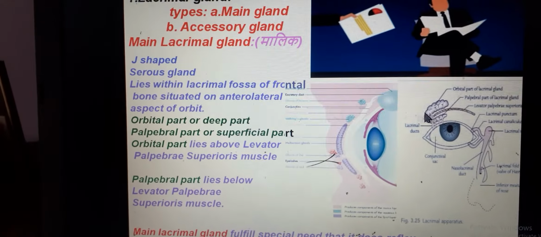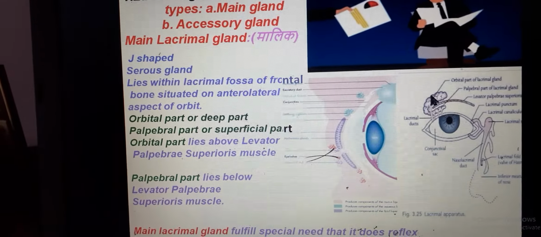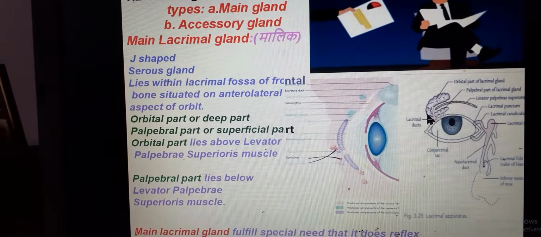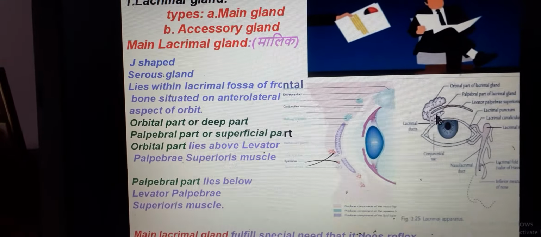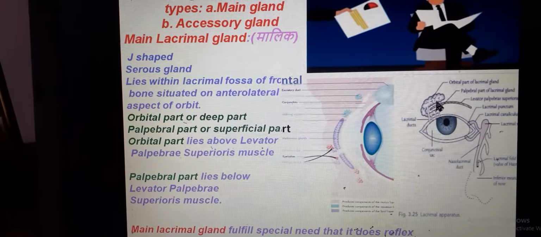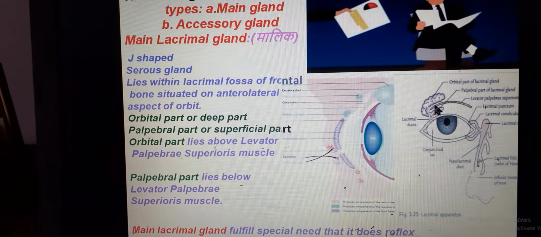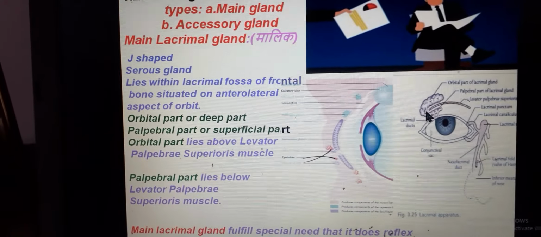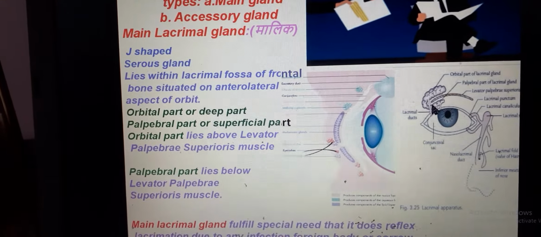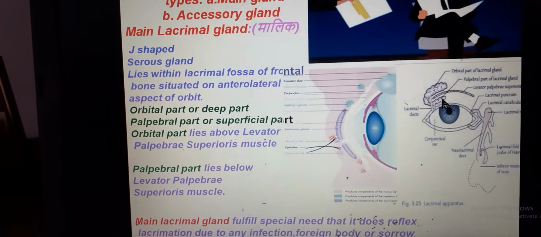Okay, it has got two parts, orbital part and palpebral part. Orbital part is the deep part, deeply situated, and palpebral part is superficial. Orbital part lies above the levator palpebrae superioris muscle. Here this is the levator palpebrae superioris muscle which indents the lacrimal gland, and the palpebral part is superficial and it is below the levator palpebrae superioris.